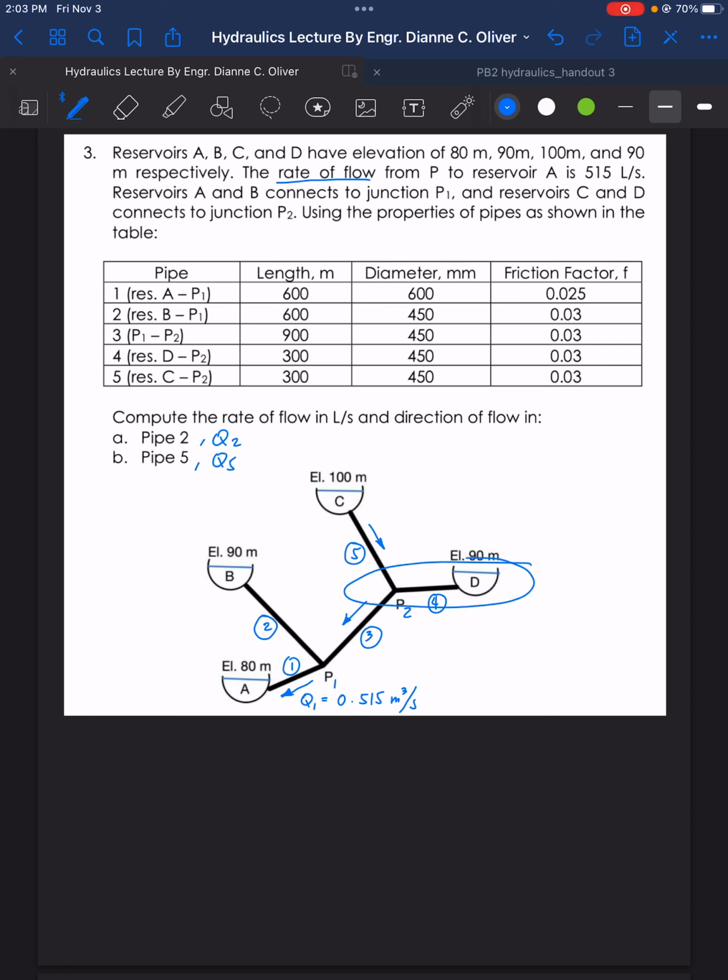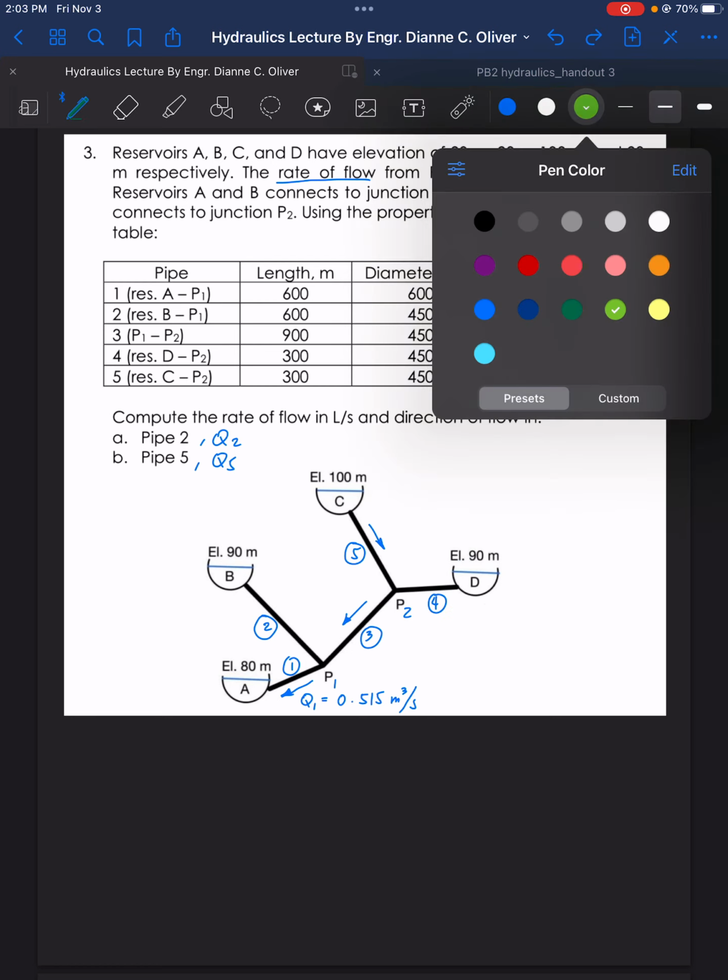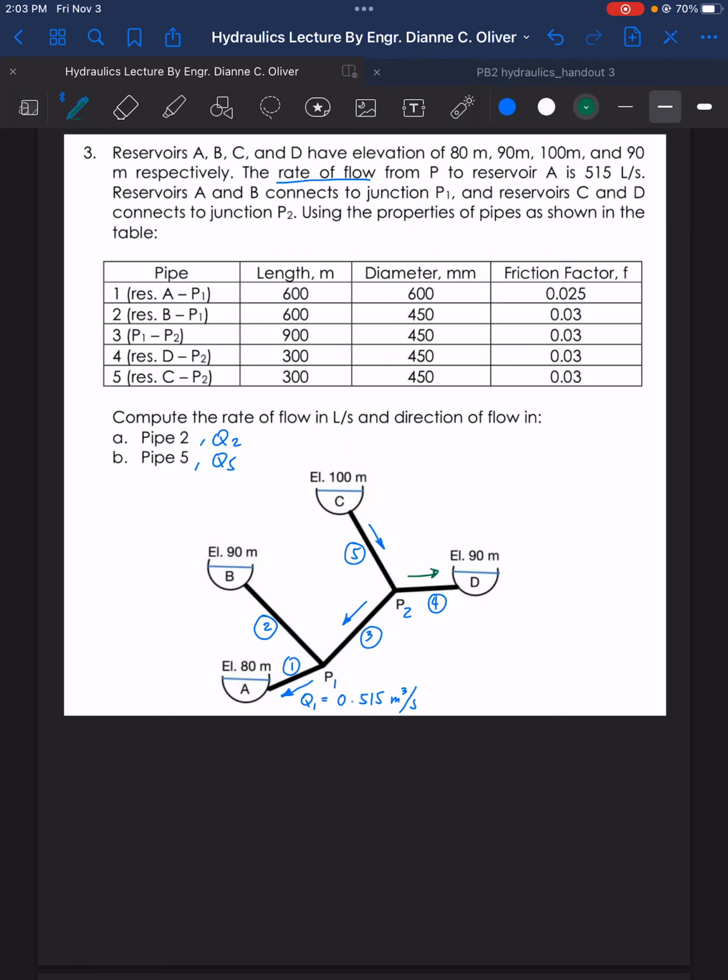Since for elevation 90 meters here, let's assume a flow towards D. Anyway, if the value will be negative, that means our assumption is incorrect. We will assume the direction of flow here as from P2 towards D, and for this, we will assume it as from reservoir B to P1. So there goes our assumption.